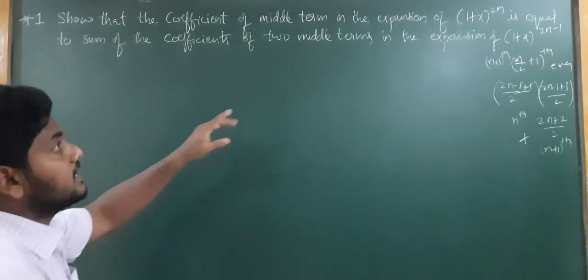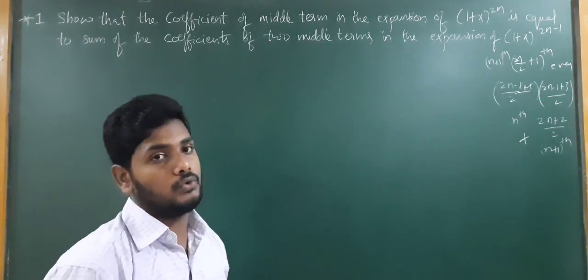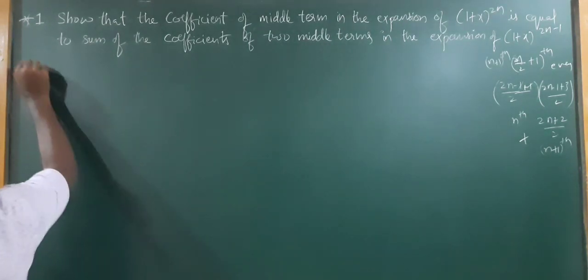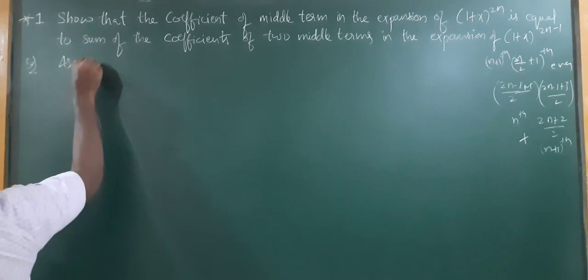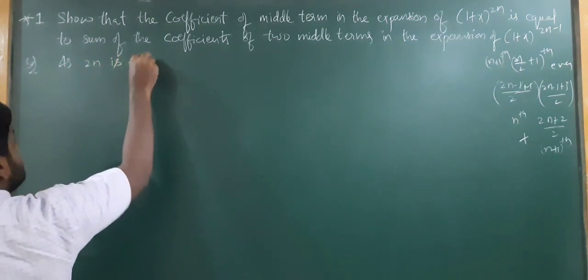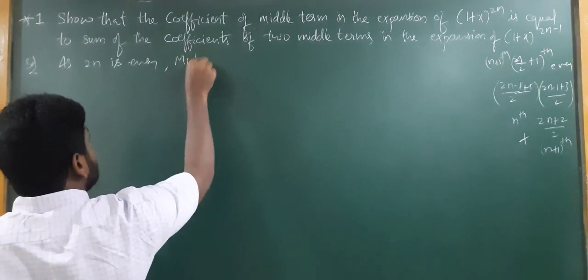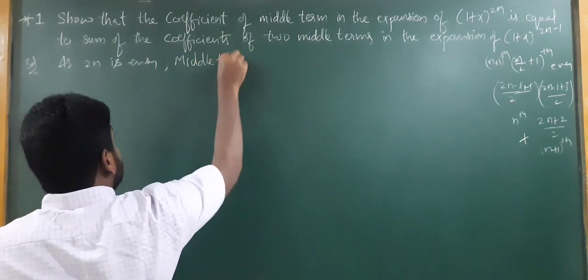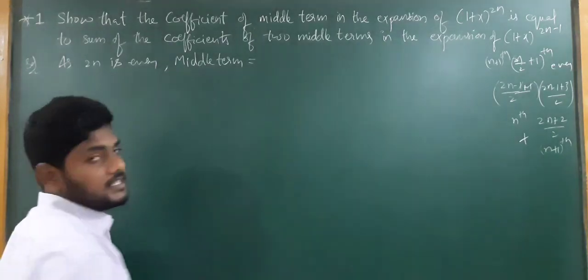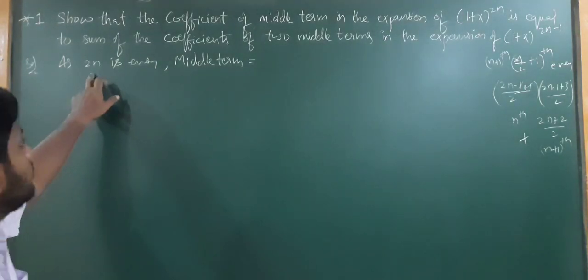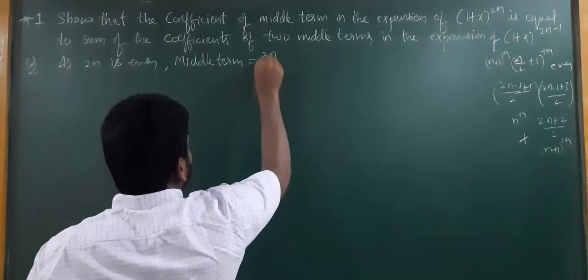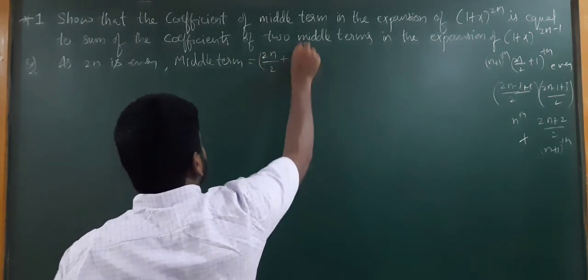See, starting I will consider (1 plus x) to the power of 2n. As 2n is even, what is the middle term formula? The middle term formula is the (n by 2 plus 1)th term. As here we have 2n, so the (2n by 2 plus 1)th term.